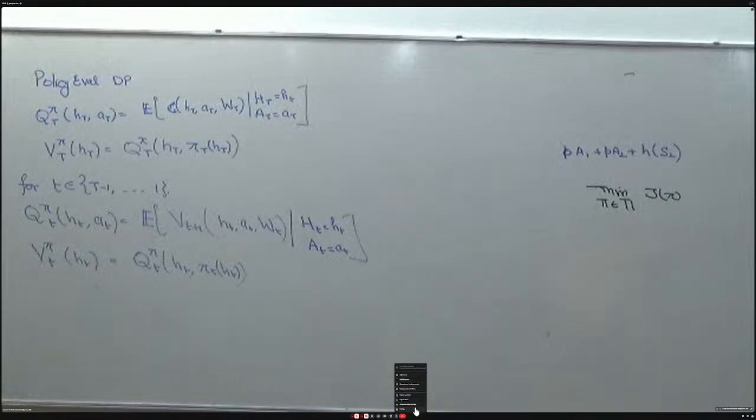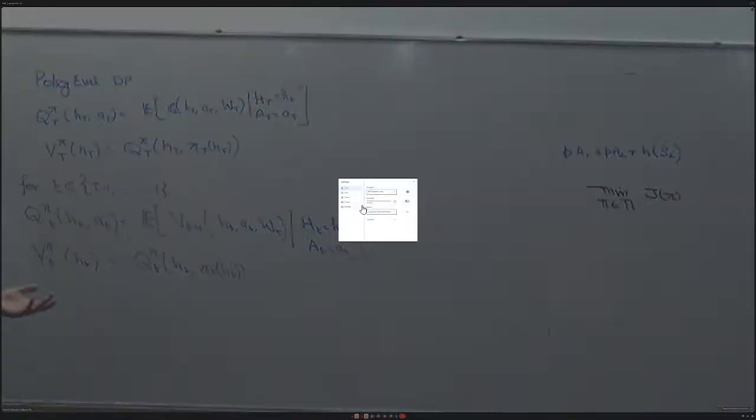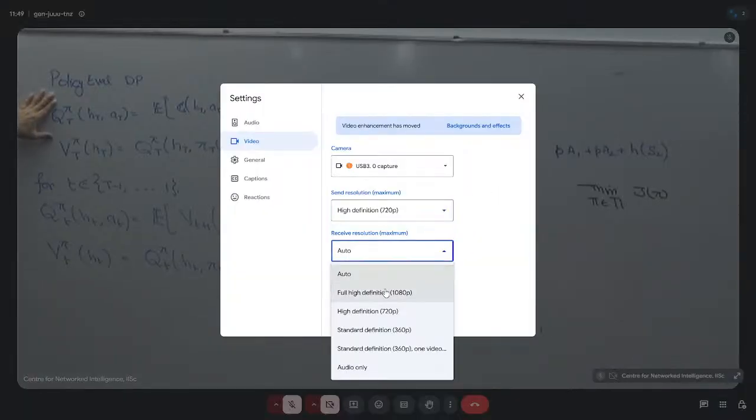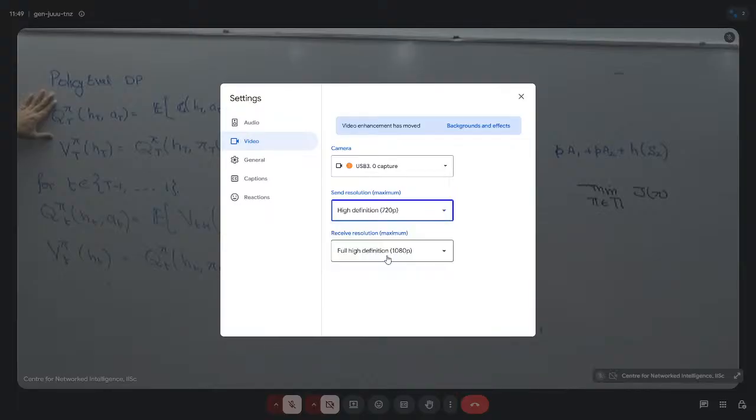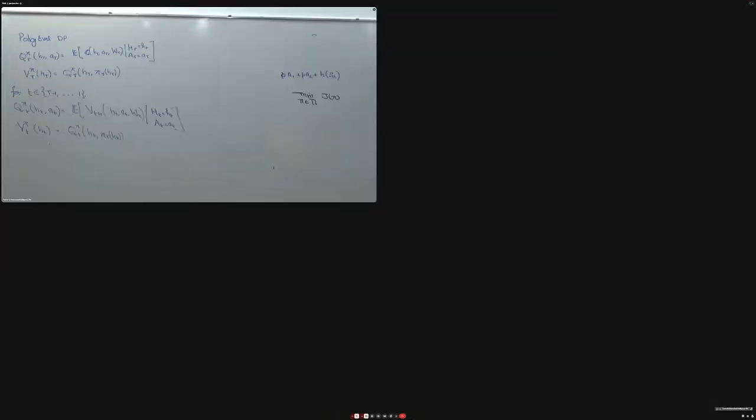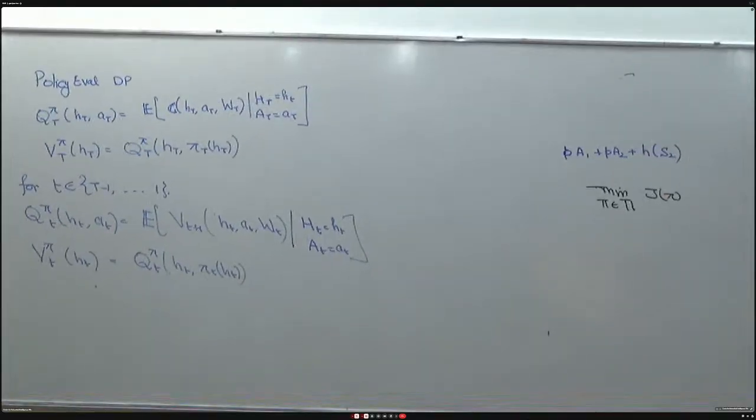Okay. And the proof of optimality in the static case was I showed that q stars were lower envelopes of q pi for every pi, and then I showed that if the policy was actually pi star, this was equal, right. That same argument is true here as well.